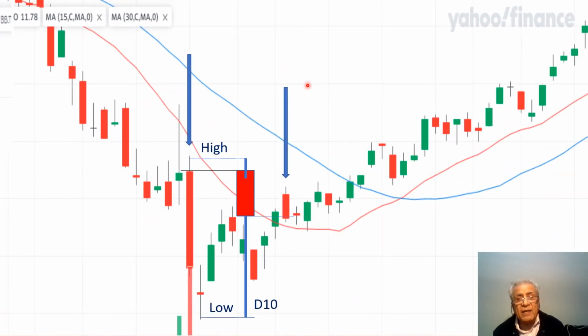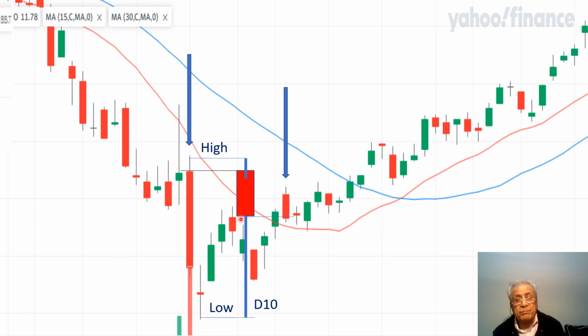This is the same chart as we saw before. We enlarge this portion. Between these two arrows, we want to blend these two candles together. We take the open of this candle, we take the close of this candle, and then we take the high and the low of the pattern.